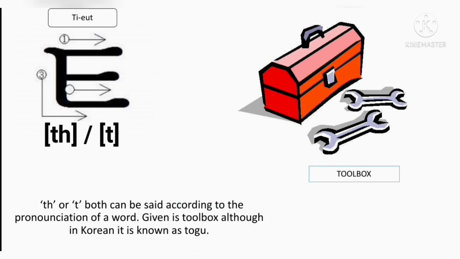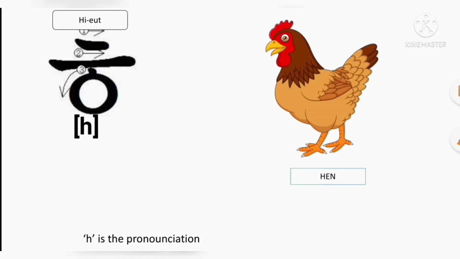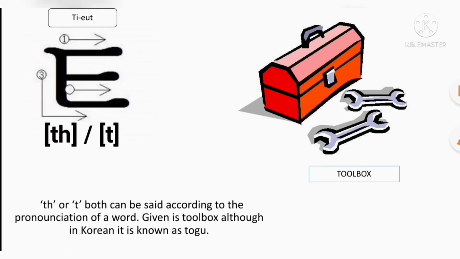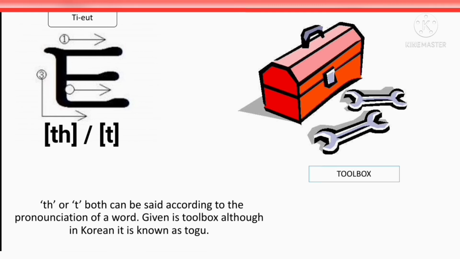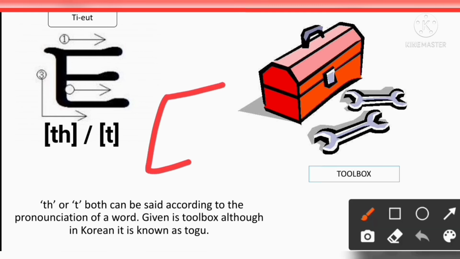So it's written as th. Taeyong consists of this consonant. Okay, it's like E. You write it as E. Th.